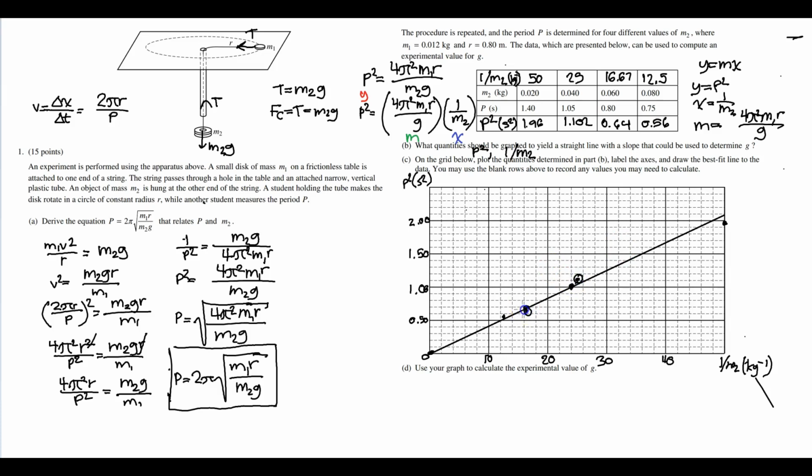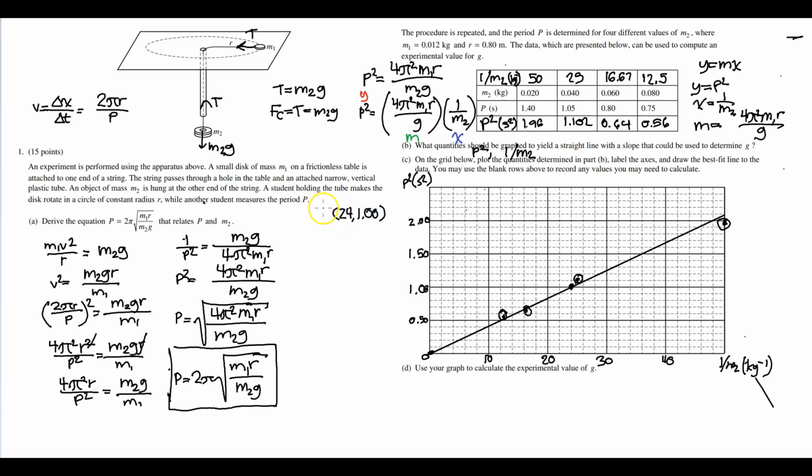So I'll circle these so we know not to mess with those points. That is 24 and 1.00.